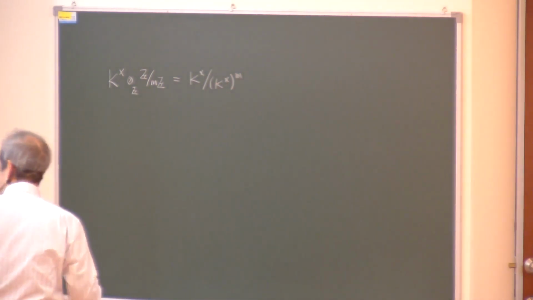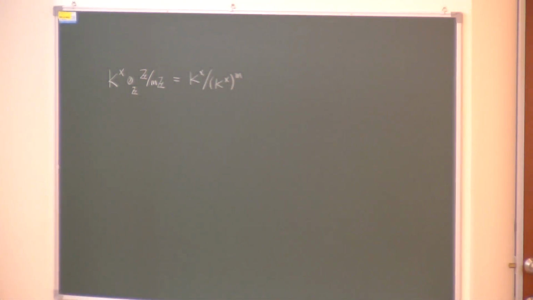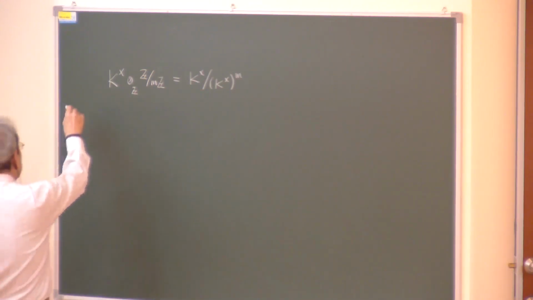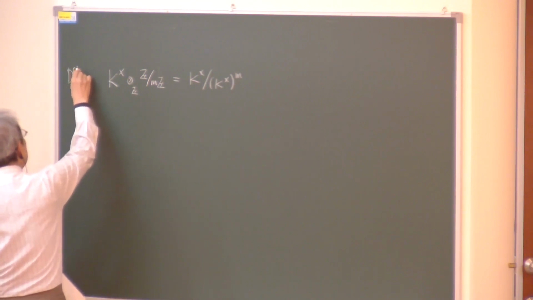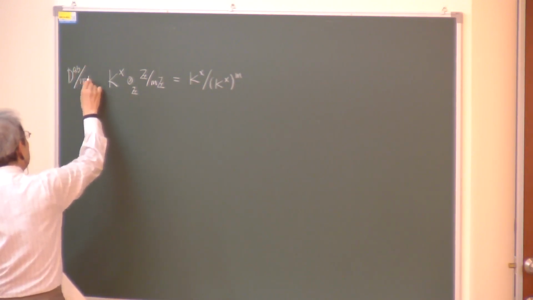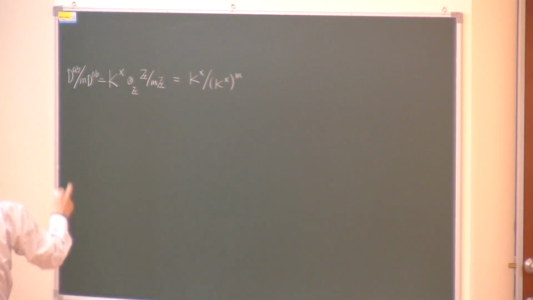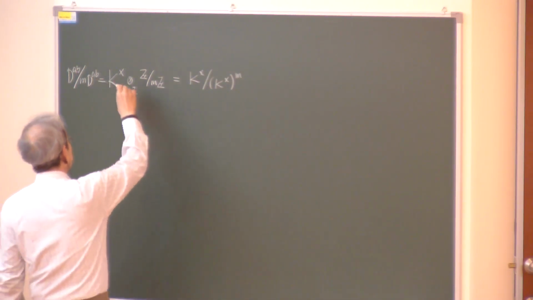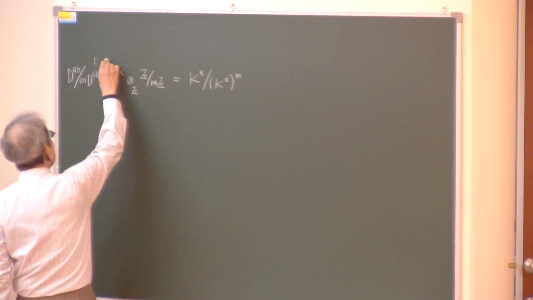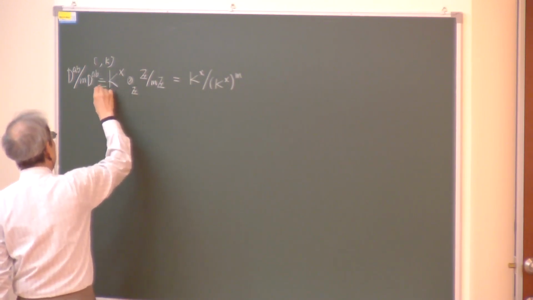And because the Artin symbol has a dense image, this is actually G ab modulo m G ab. Okay, so this is by the Artin symbol.